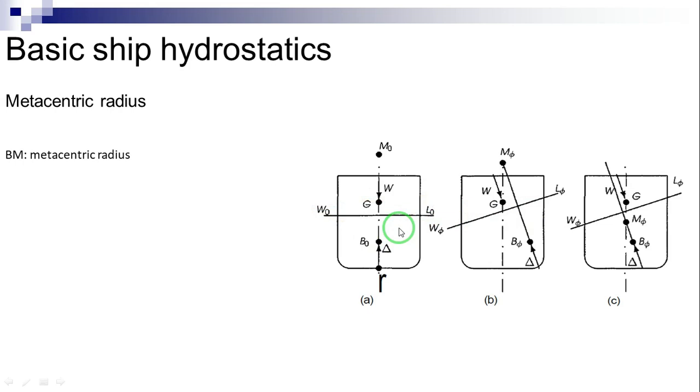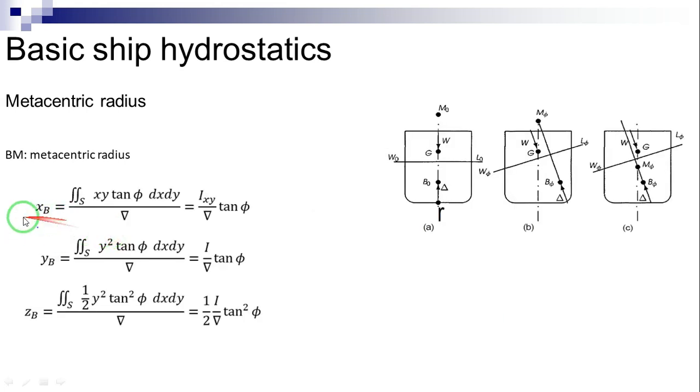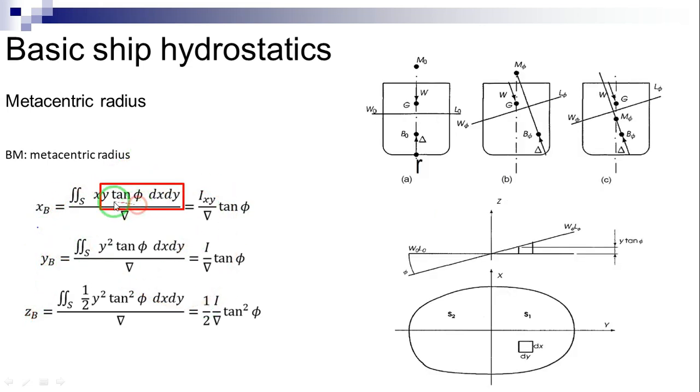To find the changes in the center of buoyancy due to a small inclination phi, we can use similar equations as those used in the equation for moving masses, as we can see here for xB, yB, and zB. In these equations, y times tangent of phi times dx times dy is the volume of the element as shown in this figure.